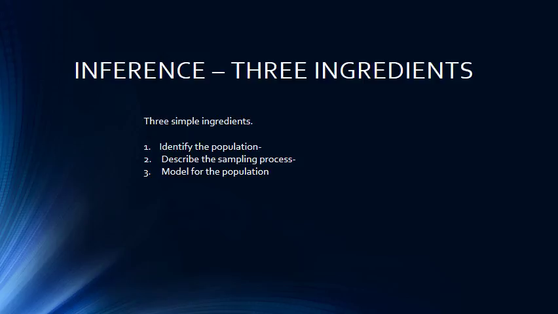Secondly, you need to describe the sampling process. You need to tell a story of how your data came to be, or where you collected your data: where did it come from, which population, and how it ended up with you. If you cannot describe your data, then you won't be able to make an inference. So the better you describe, the stronger your results.